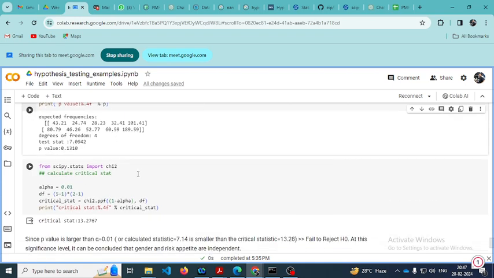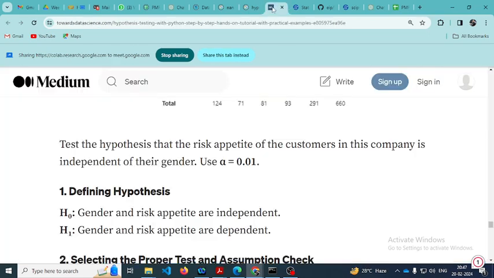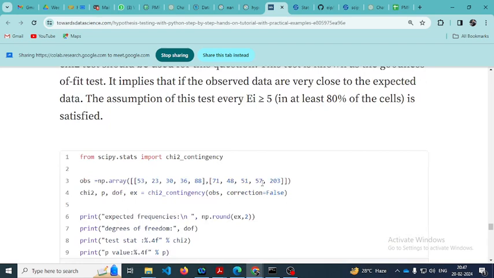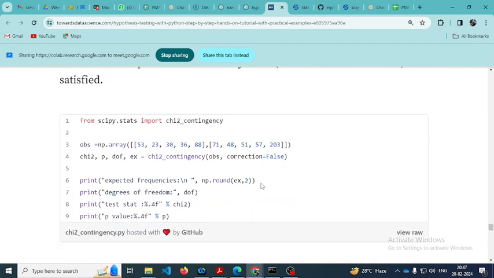Similarly, you need to check, they have given some alpha value, so you take that alpha value and apply it in the chi-square test. Based on this, we can choose the chi-square test to solve this kind of problem.